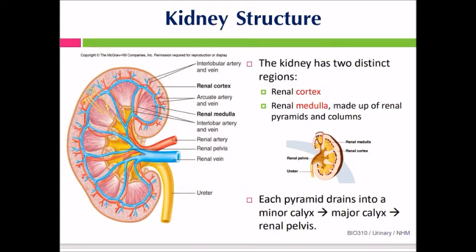As I mentioned earlier, the kidney has two regions. The outer region is known as the renal cortex. Meanwhile, the inner region is known as the renal medulla, and the renal medulla is made up of two regions, which are the renal pyramids and also the renal columns.